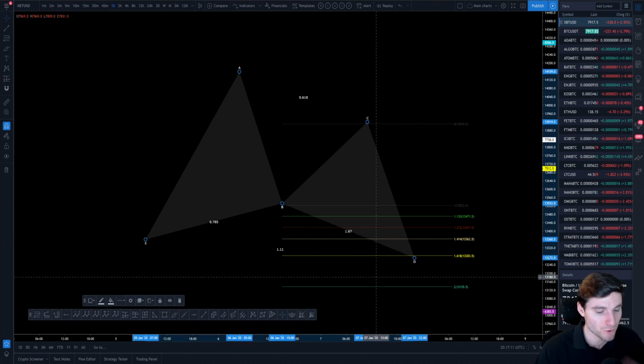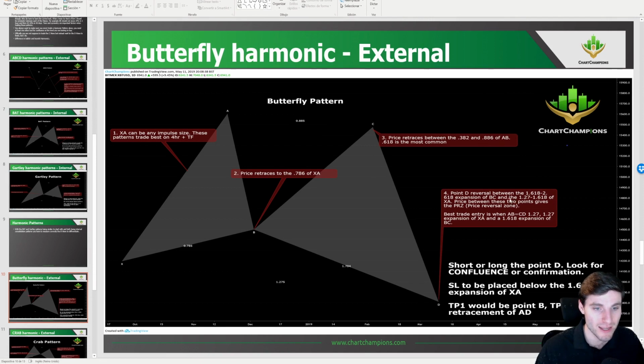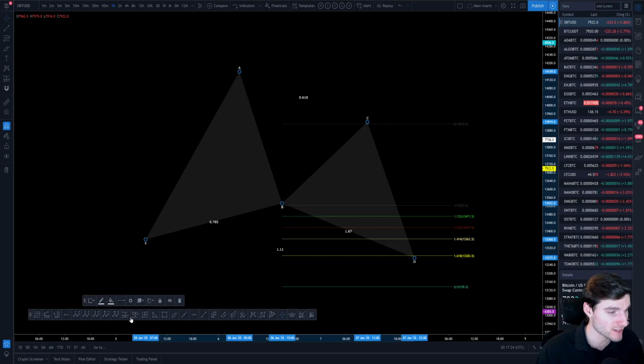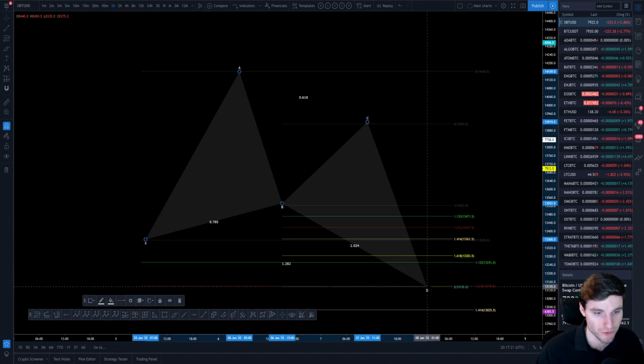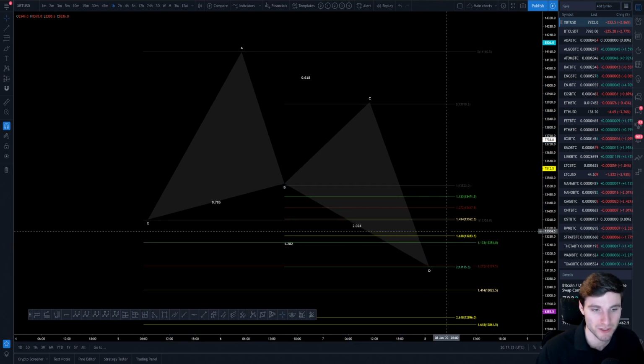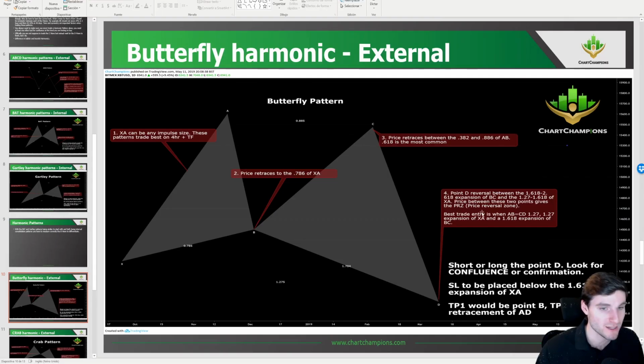Another form of confluence is between X and A: B to C, 1.618 to 2.618, and then between 1.272 and 1.618 of X to A. So this is another one of X up to A, and we could say there would be some confluence here. Obviously not exactly 2.618 or 1.618, but it's in the region, between the 2 extension and the 2.272.